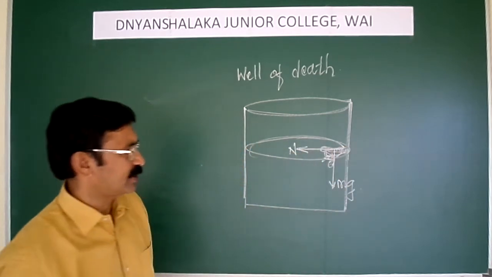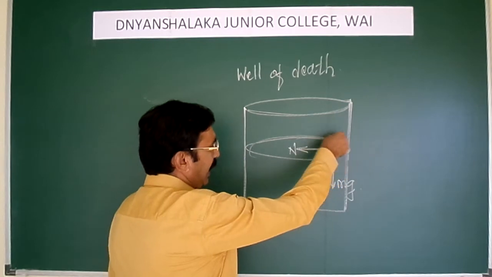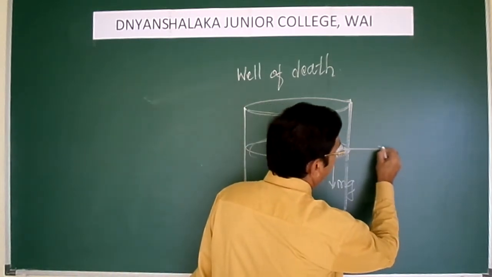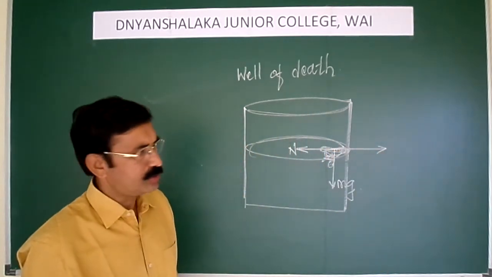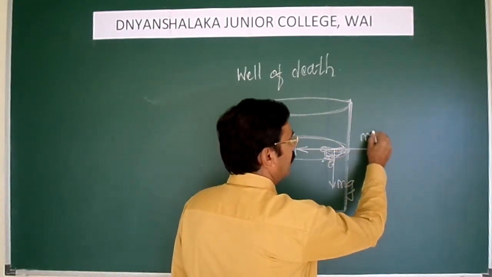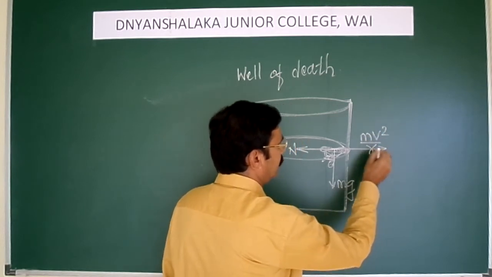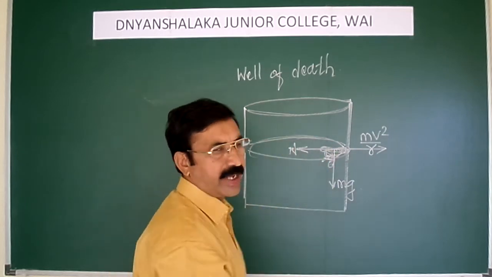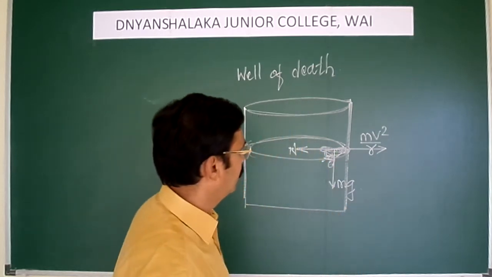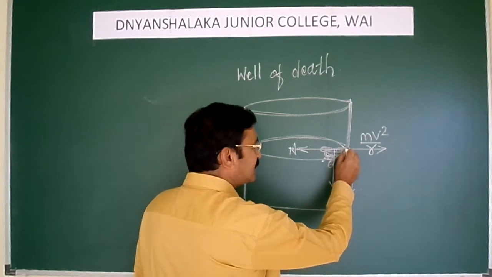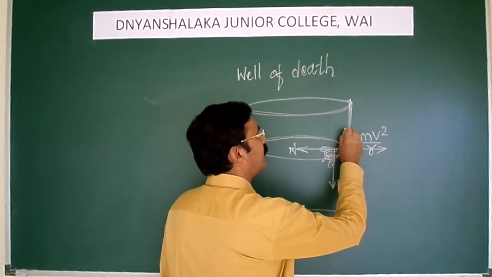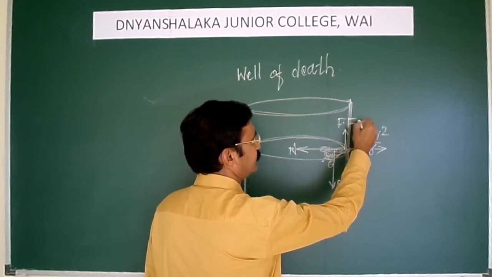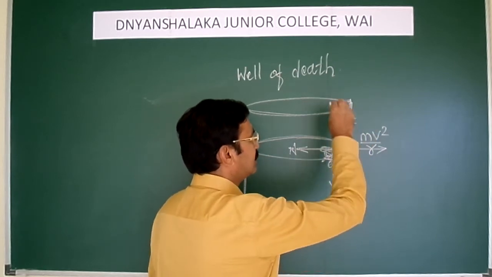This is the normal reaction. As he moves on the circular track, there is centrifugal force mv square upon r, where r is the radius of this circular track. In this case, the frictional force acts in the upward direction.